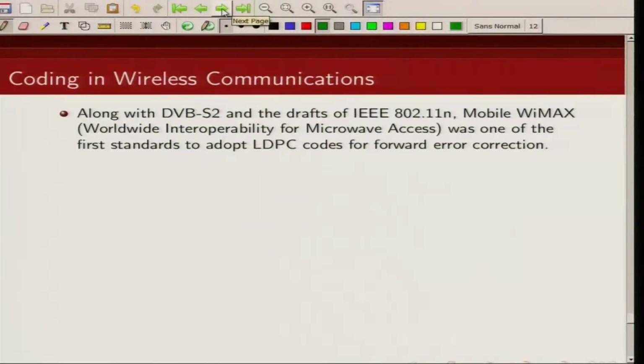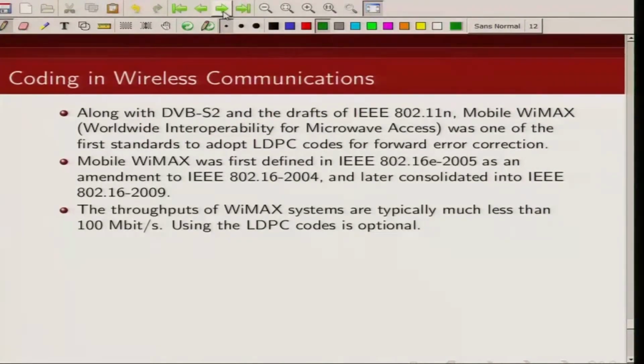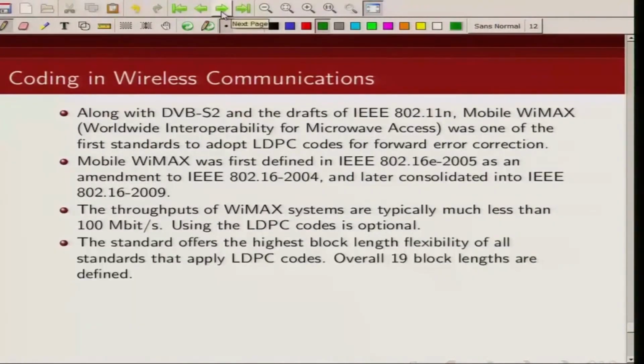Another standard where LDPC codes have been used from the very beginning is WiMAX, and there are lots of codes which have been defined in this WiMAX standard. Again, use of LDPC code is optional here, but they have suggested a lot of flexibility as far as block length is concerned, and 19 different block lengths and various different rates have been considered.